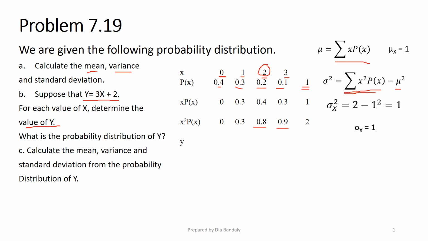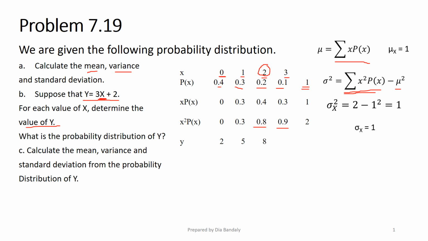We simply substitute x with 0, so it's 3 times 0, 0, plus 2, that's 2. Now, when x is 1, I substitute with 1, so 3 times 1 is 3 plus 2, that's 5. Then, for x equals 3, I substitute x with 3. 3 times 3 is 9, plus 2, that's 11.